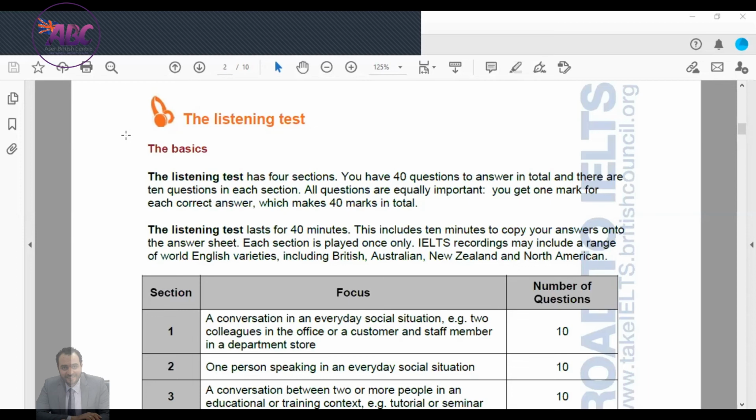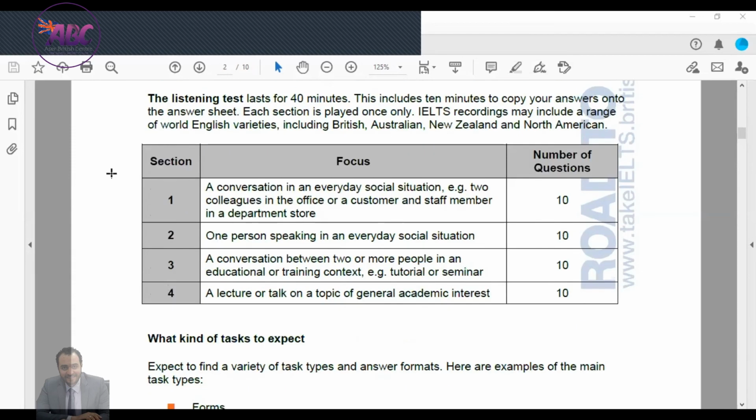Try to guess any answer and write it down in your answer sheet, and don't leave it blank, because there is no negative marking system here. Okay, are you with me? Yes, I'm following.